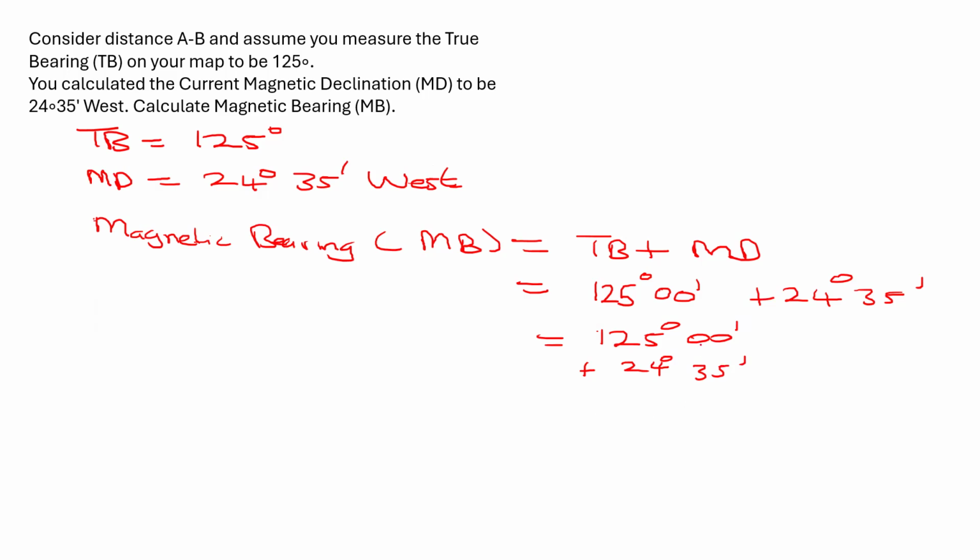So this just gives us 35 minutes, and then 125 plus 24 gives me 149 degrees. Now this is your magnetic bearing, the magnetic bearing you would use with your compass to walk from point A to point B. It will be 149 degrees 35 minutes.